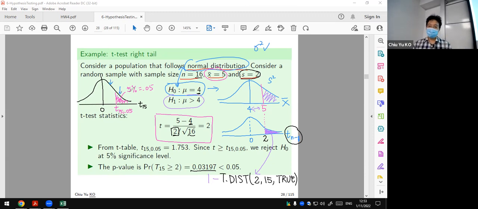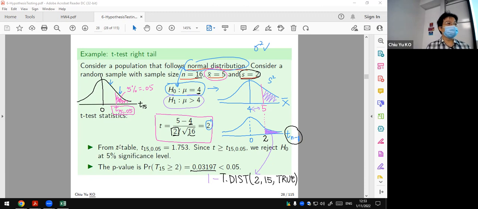Because if the test statistic is bigger than the critical value, then the area must be less than 5%, because the more right you go, the area gets smaller. So you want to calculate this area. How can you do that?